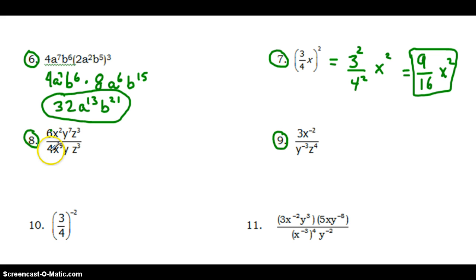So 6 divided by 4 could simplify to 3 halves. And if we look at x squared divided by x to the 9th, we will have x to the 2 minus 9. And I'm going to go ahead and write that out. Okay, and then for the y base, we have y to the 7th divided by y, so it'd be y to the 7 minus 1.